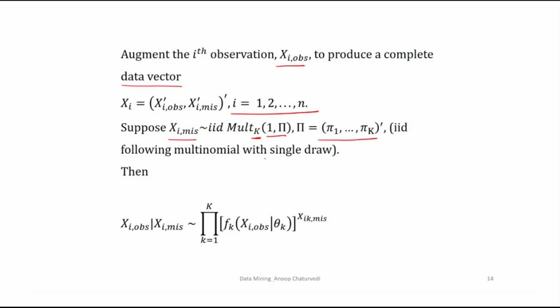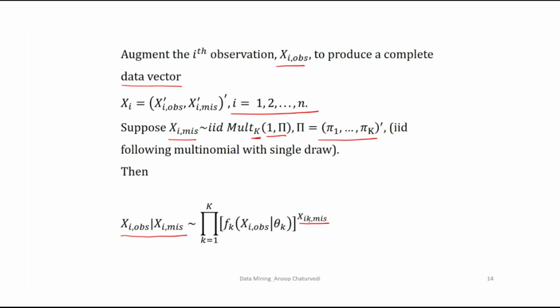So, x_i missing are IID following multinomial with a single draw. Then x_i observed given x_i missing follows, say, the product over k equal to 1 to capital K of f_k(x_i observed given theta k) to the power x_ik missing.